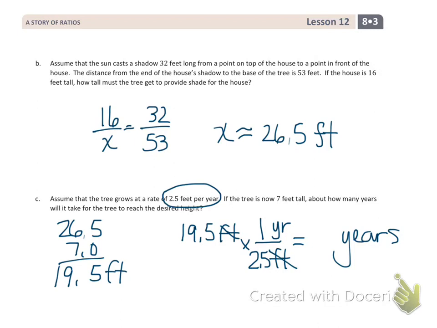So doing the unit analysis makes it clear that division is what I wanted. Dividing by 2.5 is going to give me my 7.8 years. Okay, so carrying the units along can help you figure out what operation to use.